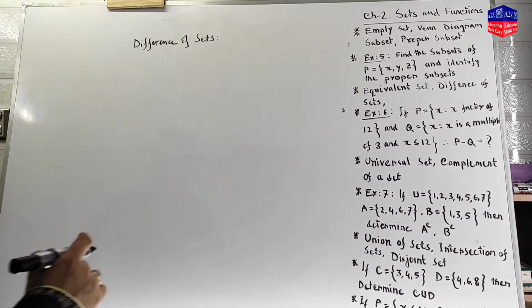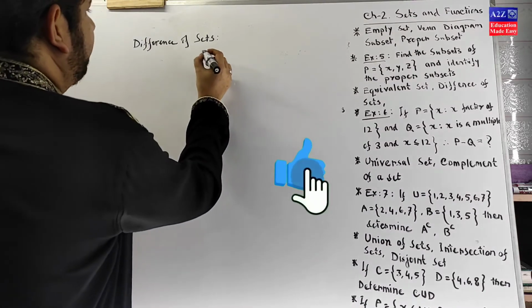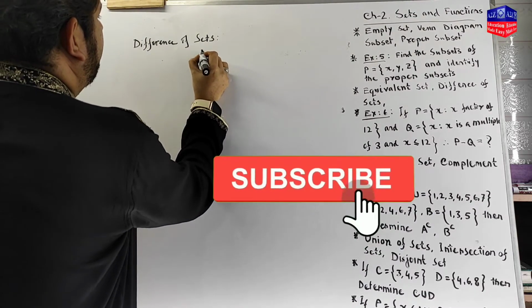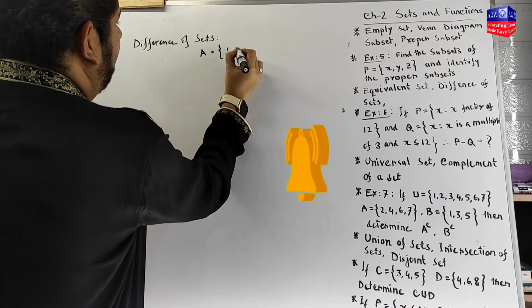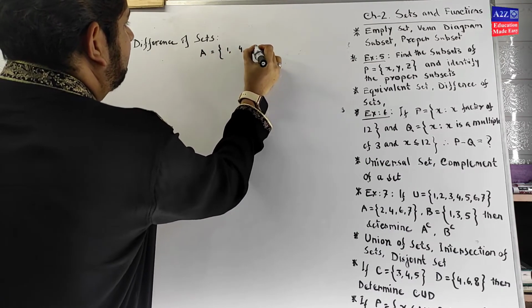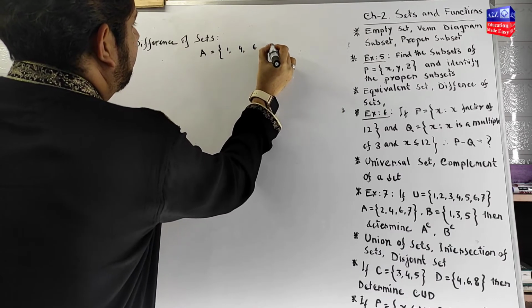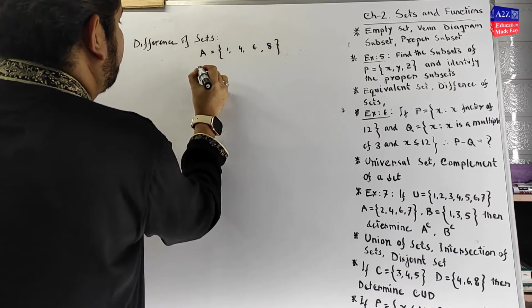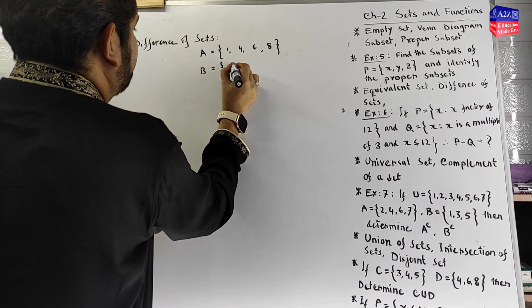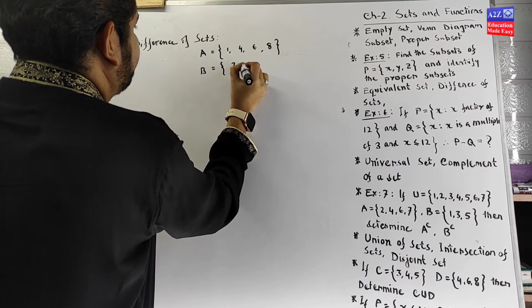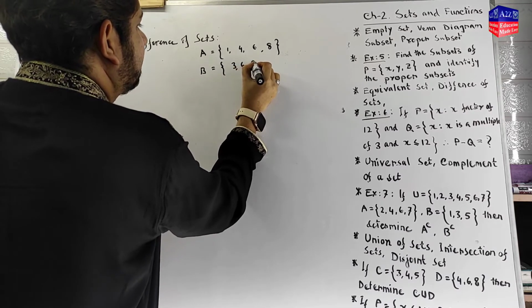Difference of sets. Let's say A is a set of elements 1, 4, 6 and 8, and B is a set of elements 3, 6, 9.